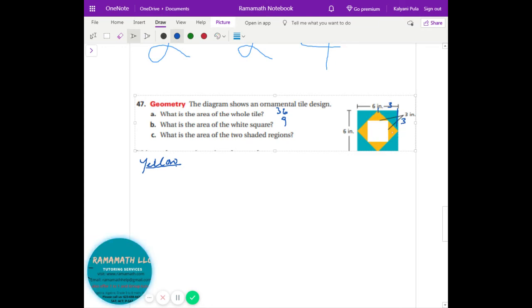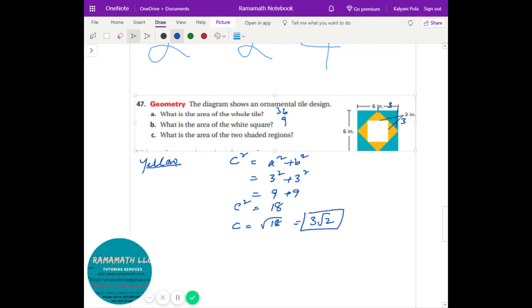So this side length is going to be, if you remember when we did the geometry, a squared plus b squared equals c squared. So we get 3 squared plus 3 squared. So that's 9 plus 9, 18. That is c squared. So c is going to be radical 18, which is 3 radical 2. So that's the side length.